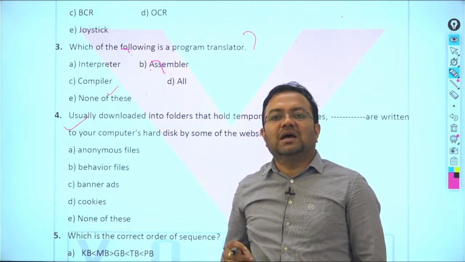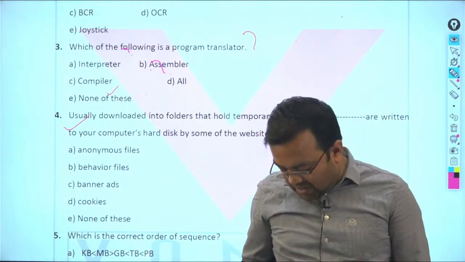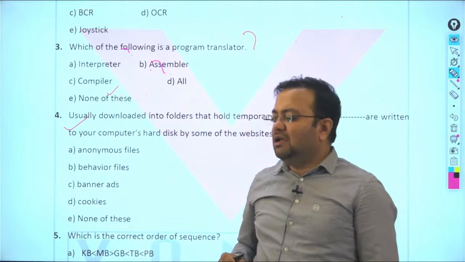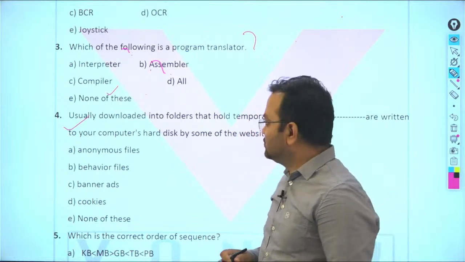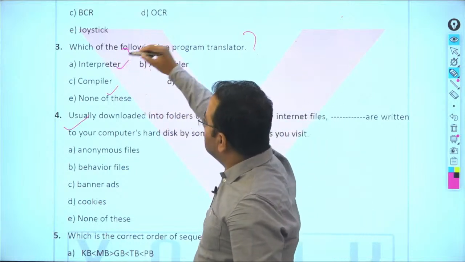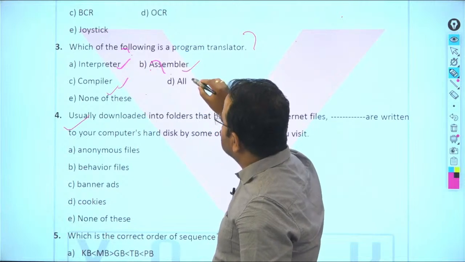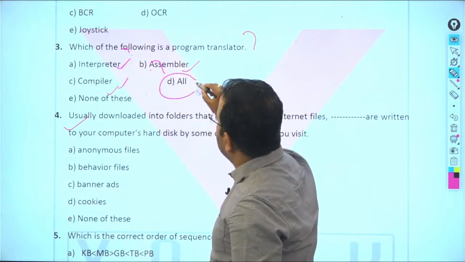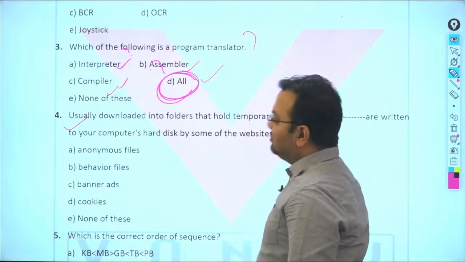It is known as assembler, and from third generation onwards, as high level programming language was introduced, for high level programming languages both compiler as well as interpreter are used. So interpreter is a program translator, assembler is a program translator, compiler is a program translator. So here the answer is all of these above. So question number 3, here the answer is all of these above.